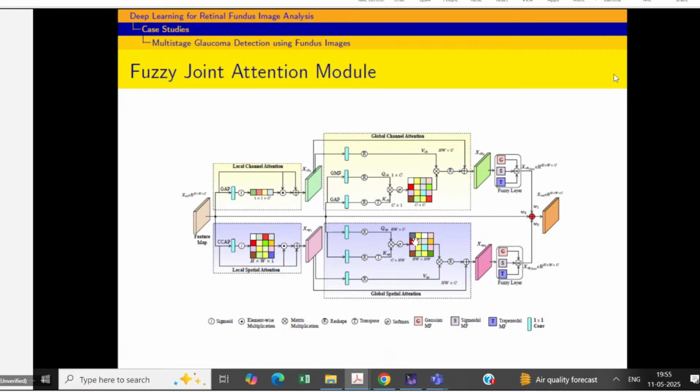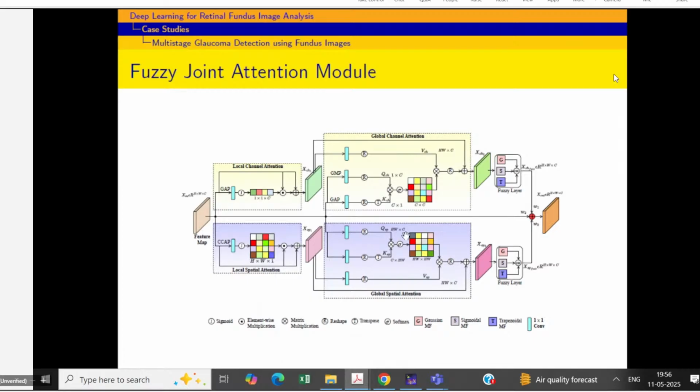So how every pixel in a feature map is related to every other pixel. The rules are the same as whatever you have seen: there is a query projection, a key projection, and a value projection. The key and query get multiplied, there is a softmax operation, and finally you get an attention weight of size SW cross SW, which then gets multiplied with the value to get the final one.